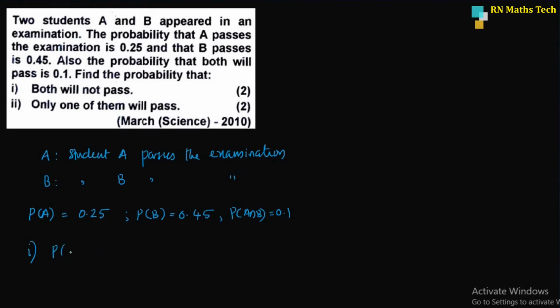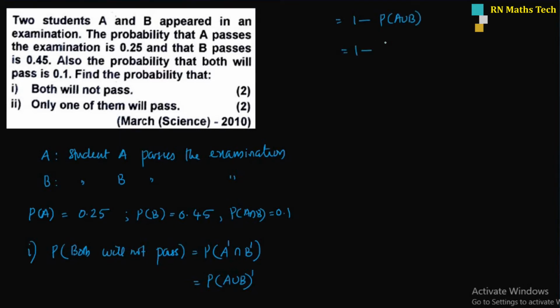That is P of both will not pass, which is P of A do not pass and B do not pass, which is by De Morgan's law, A union B the whole dash, which is equal to 1 minus P of A union B. That's equal to 1 minus, P of A union B is P of A plus P of B minus P of A intersection B. That's equal to 1 minus, P of A is 0.25 plus 0.45 minus 0.1.